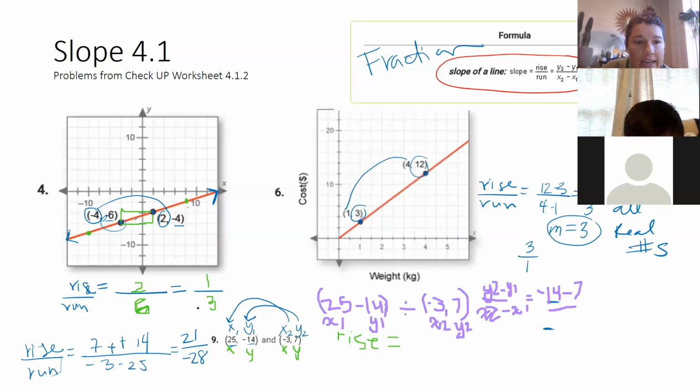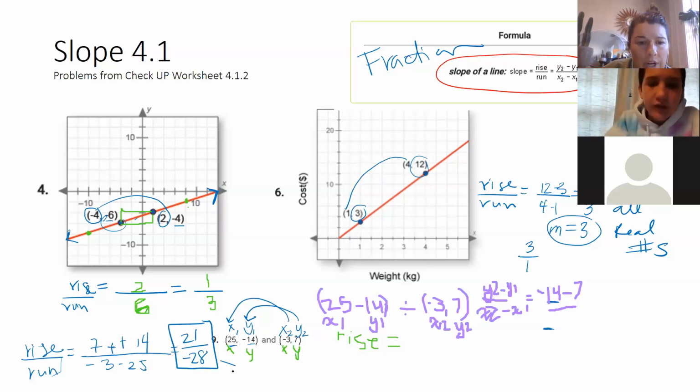Okay, Caden, look at what we have here for our fraction. For our slope, 21 divided by negative 28. Can we simplify that? Is there a number that goes into both of those? Yeah, I agree. 7 goes into both.